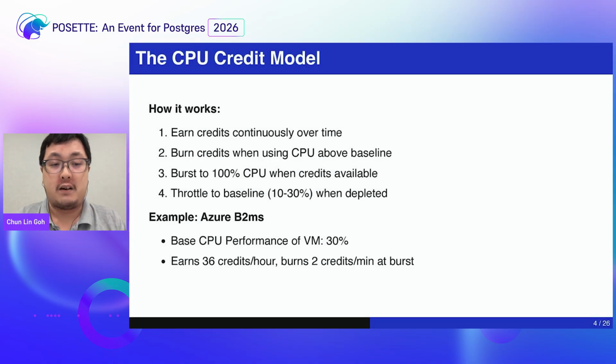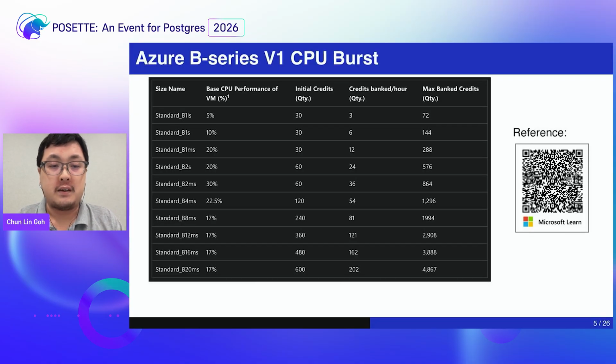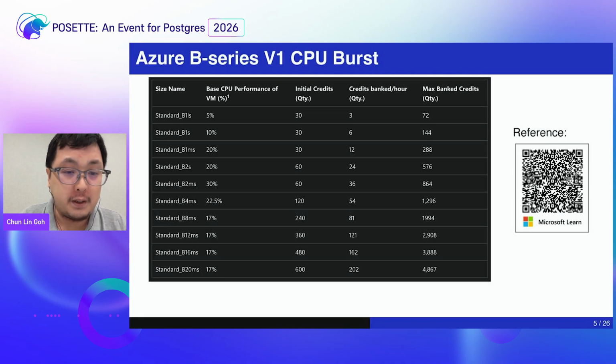So how do you get these values and parameters? Well, there's documentation on Microsoft Learn listing all the Azure B-series V1 CPU parameters. As you can see, for example, the B2MS that we will be using in our subsequent demo has 30% base CPU performance, an initial credit of 60, and it banks CPU credits per hour at 36.